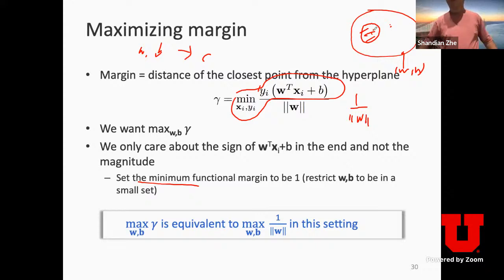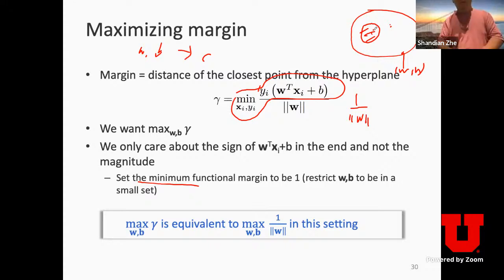So in this way, we can simplify our optimization issue. We restrict our W, B to a smaller space, but it's still rich enough to include all possible linear classifiers. Then I just search over the best W, B in this subspace to maximize the margin.